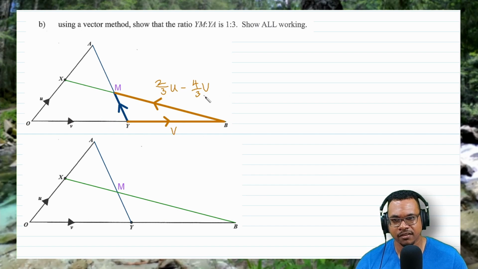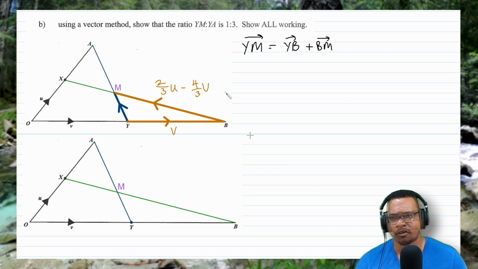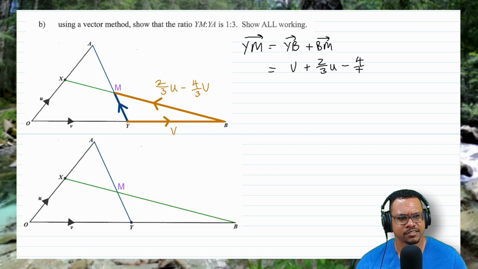So we have v plus this vector here, 2/3 u take away 4/3 v, would give you Y to M. So Y to M is equal to YB plus BM. And again, you see, you want Y to M. The Y is at the end here, and the M is at the other end, and the same letters are in the middle. So YB is just v plus BM, which is this 2/3 u take away 4/3 v.